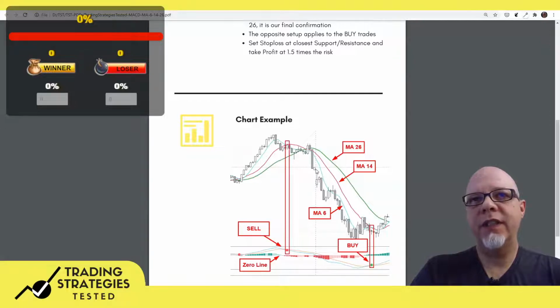The 6 is the little blue, and the 14 is the reddish one. So right over there we have a cross for that as well, and both of those must be above the 26 moving average in order for us to enter into a sell. And all three of those are valid here, and that's why this is marked as a sell.